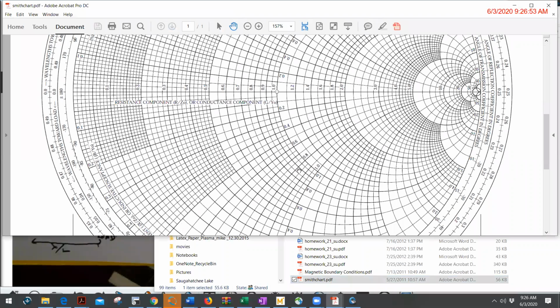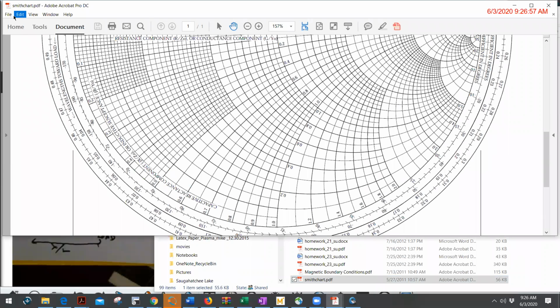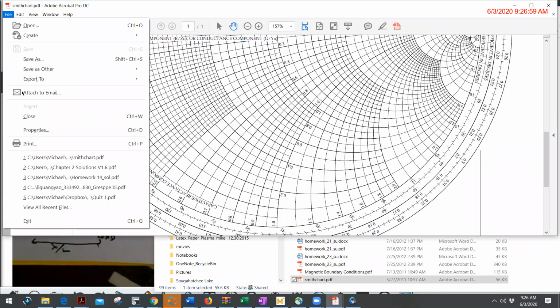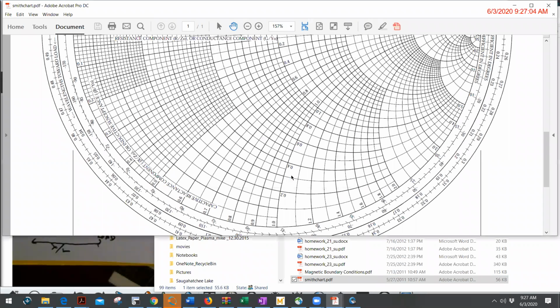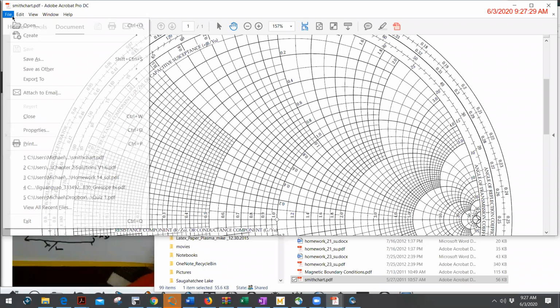Oh, this is the good Smith chart. I'm going to send you guys this one. This is a really good one. All right, the Smith chart I just sent you is a very large one. It's high res, and if you can print off these copies, you'll be set. I'm going to see if I can print them out.